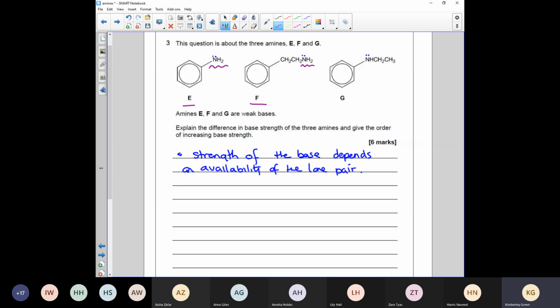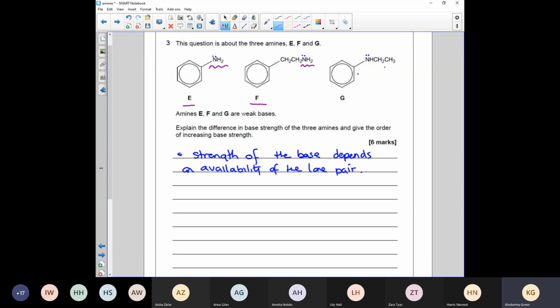I'm leaving G out because it's attached to both a benzene ring and an alkyl chain, which is a bit overcomplicated at the moment. In G, there is a benzene ring, but the NH2 group is far away, with a whole carbon chain in the way, so the ring doesn't really affect that amine group.